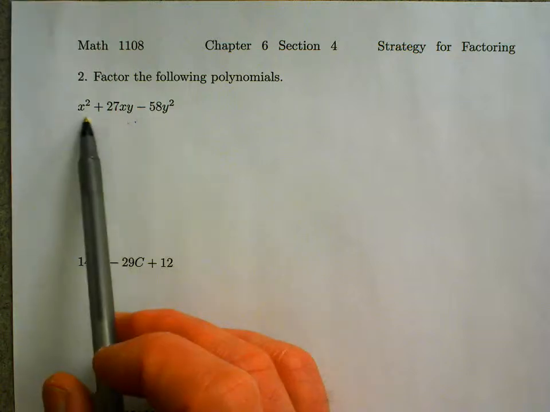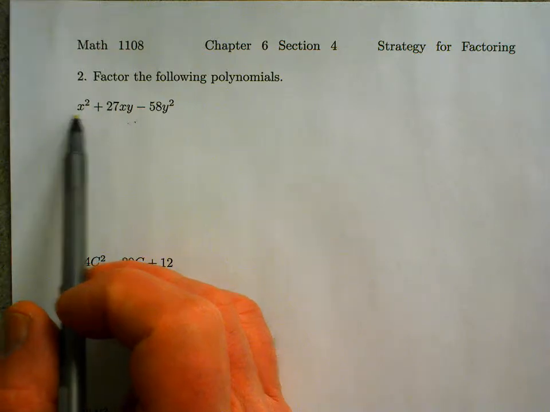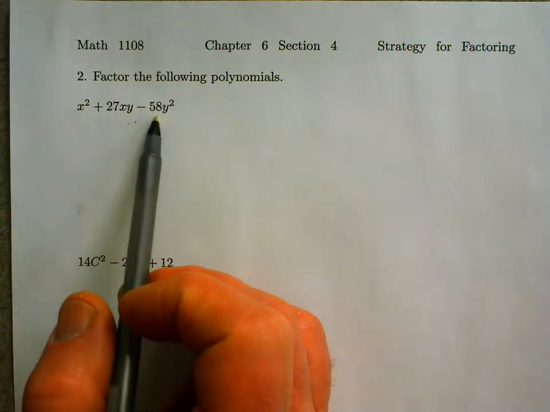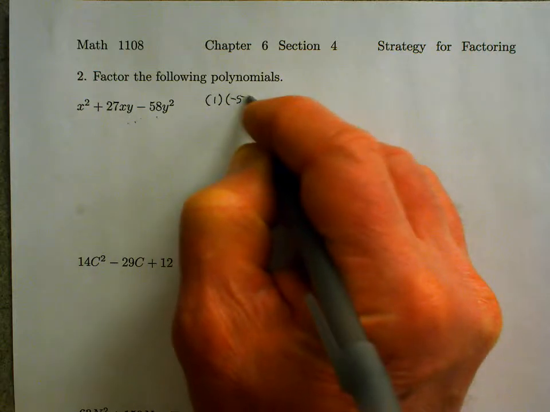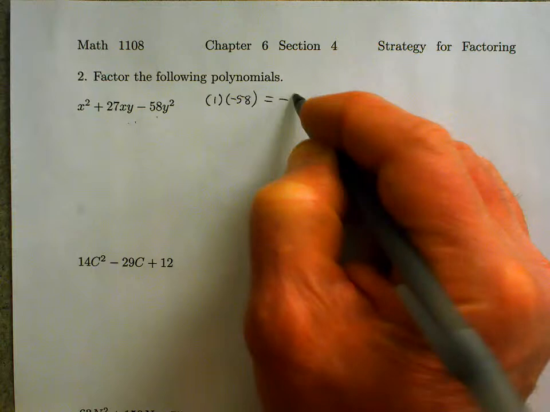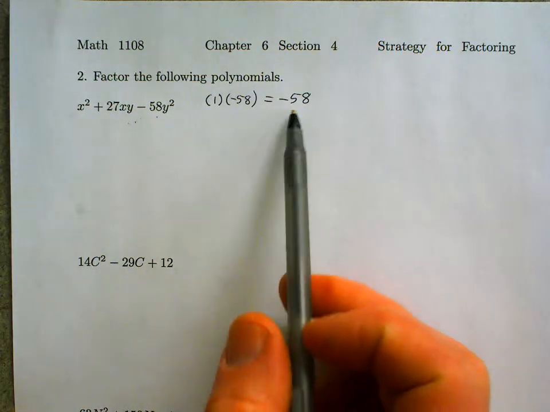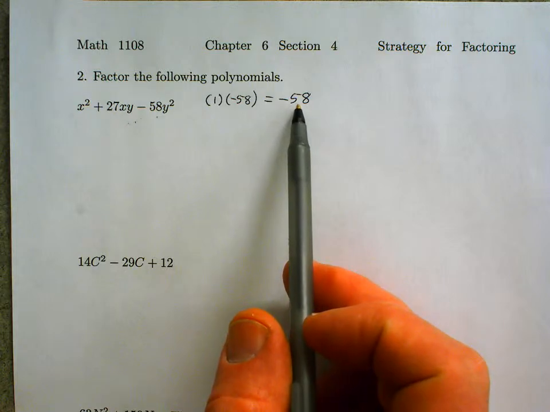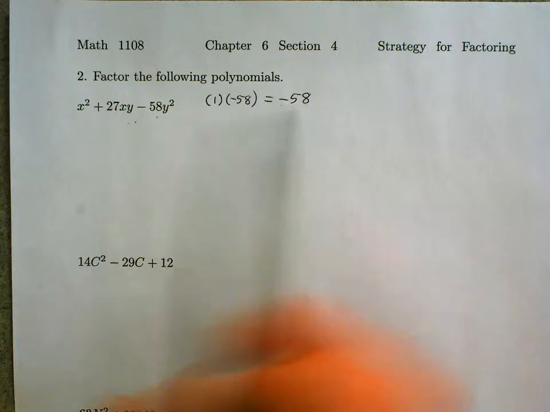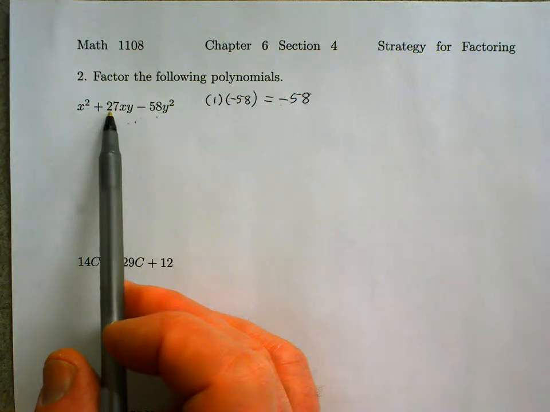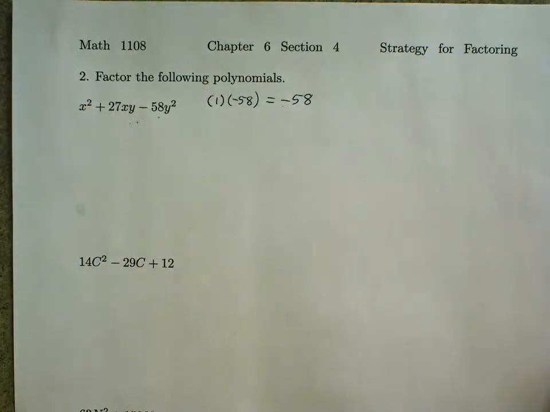So let's try the AC method. We still just use the numerical coefficients. So 1 times negative 58 is negative 58. And we want to see if we can find two integers that have a product of negative 58 and a sum of positive 27.